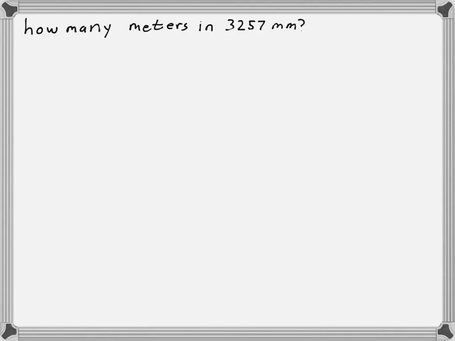I'm going to use a different color here just to make it stand out a little bit. We're going to use green. And what we have here is 3,257 millimeters, because that's what we have. And then we are going to be turning it into an unknown number of meters.